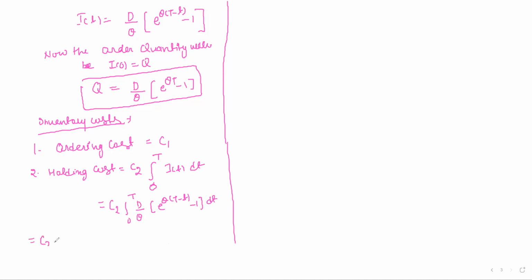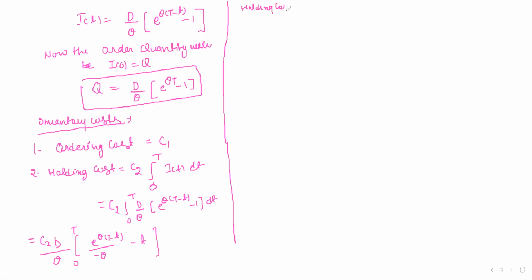So it will come C2 d upon theta, and we get e to the power theta t upon theta minus t.